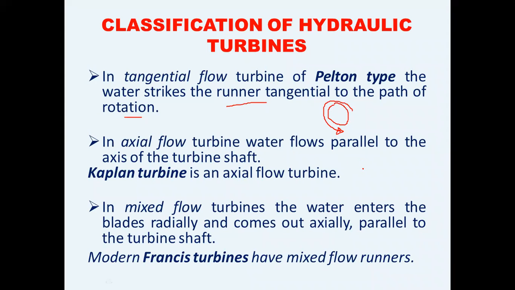Water flows parallel to the axis of the turbine shaft. Okay, so if this is the shaft, and at the end of this is the turbine which is provided, it is having blade in this form.